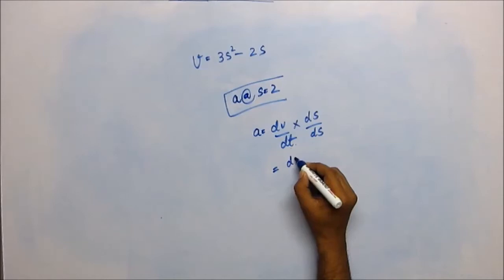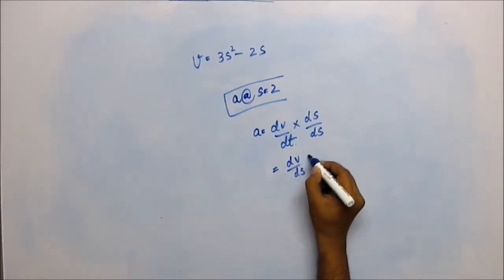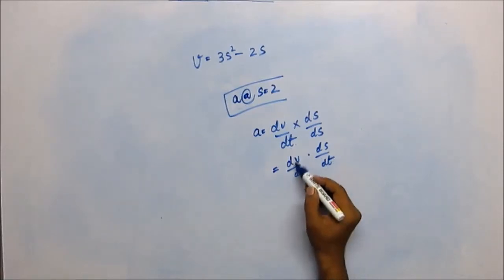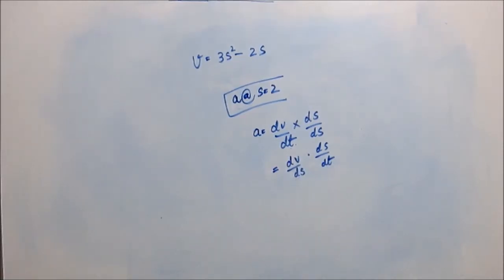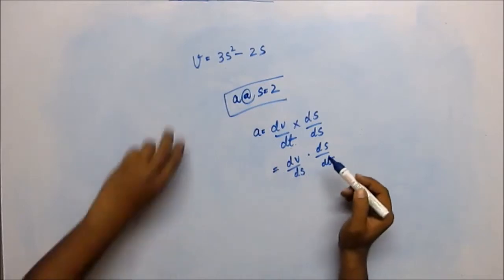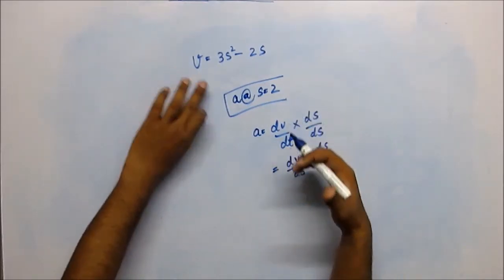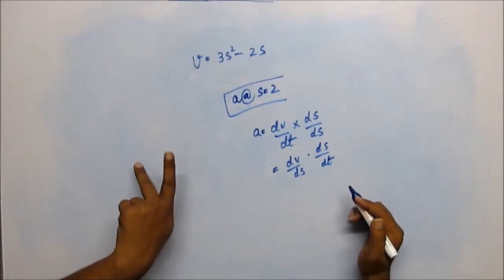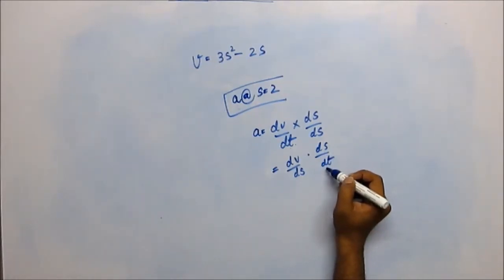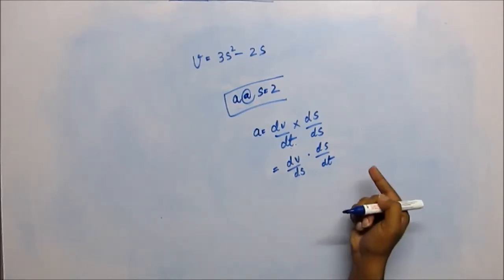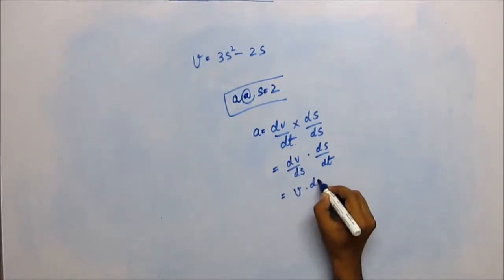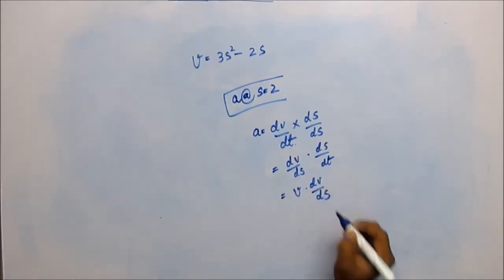So what we get is dv by ds into ds by dt. Now dv by ds is straightforward to find from here, because we have v as a function of s. So dv by ds can be straight away found by the formula that we studied before. And ds by dt, change in displacement upon change in time, is actually velocity. So this effectively is velocity into dv by ds.